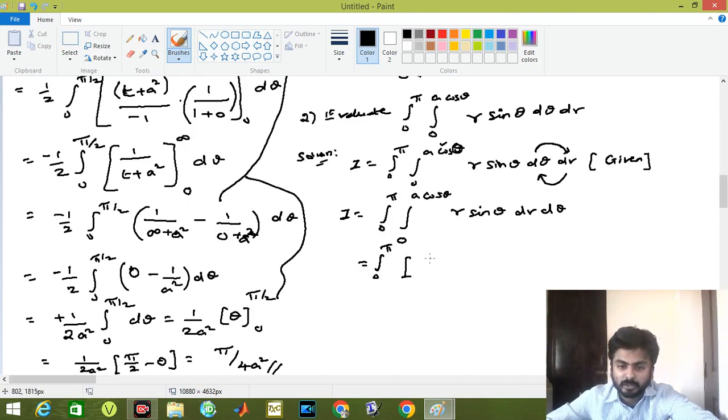Sin theta will act as constant, so r square by 2 into sin theta.